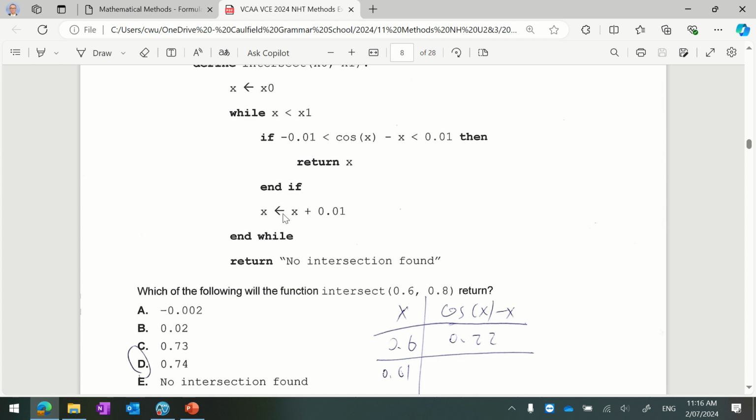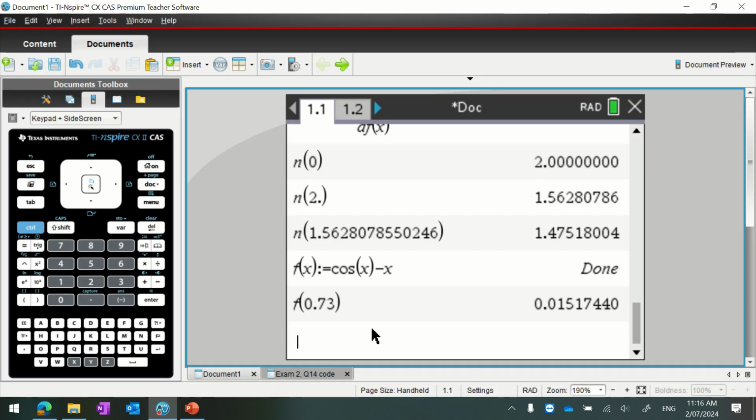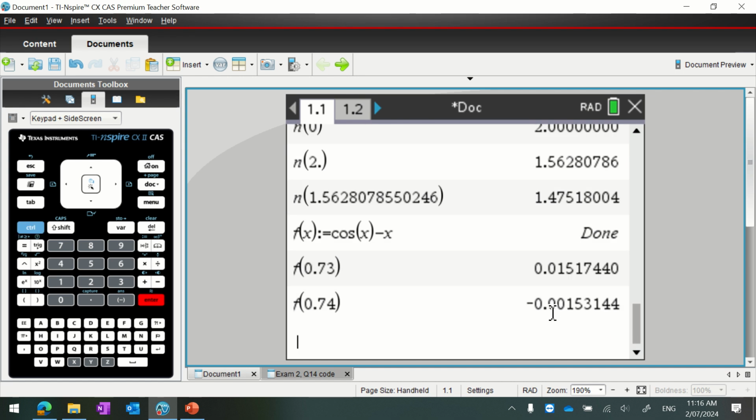It is going to come down here, add 0.01 to it, and now it's going to check 0.74, which is what I'm going to do manually. And here you can see negative 0.001.